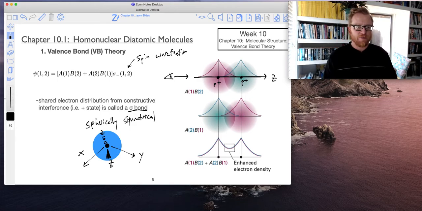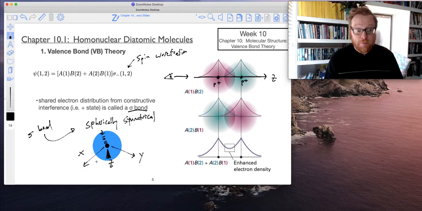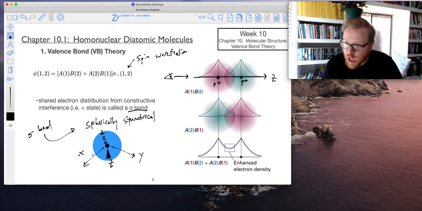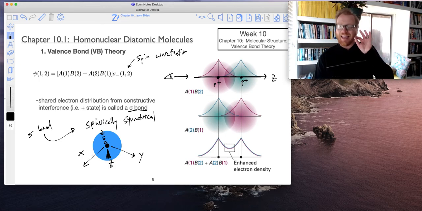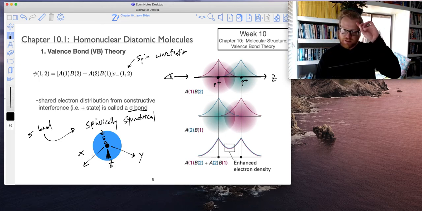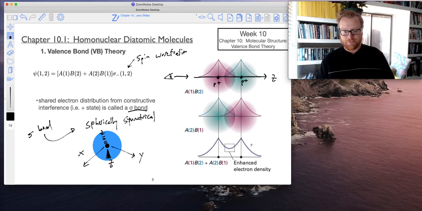I didn't have enough information written there, but the sigma bond is specifically a spherically symmetrical shared electron distribution in the internuclear zone. That's important to note, that distinction.